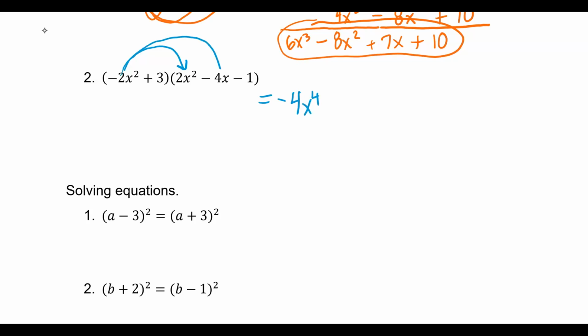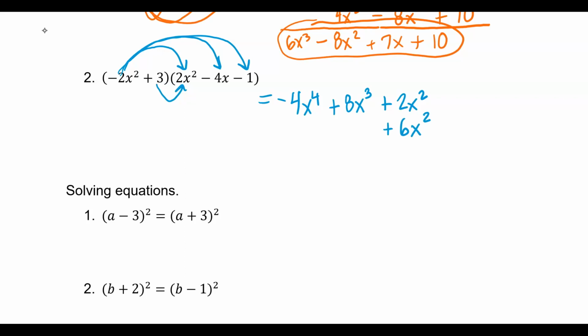Negative 2x squared times negative 4x is positive 8x cubed. Negative 2x squared times negative 1 is a positive, because negative times negative is positive, 2x squared. Then we have 3 times 2x squared, which is 6x squared. If you wanted to, you could stack this vertically.